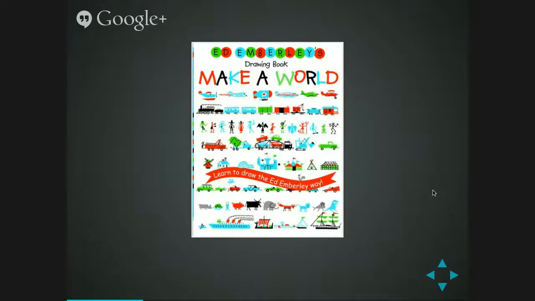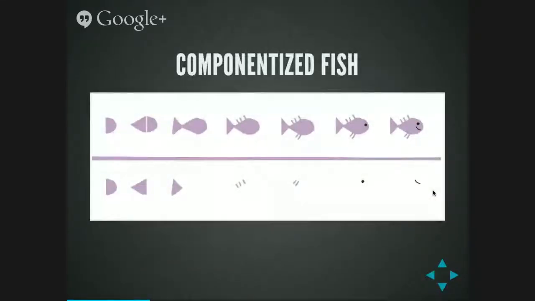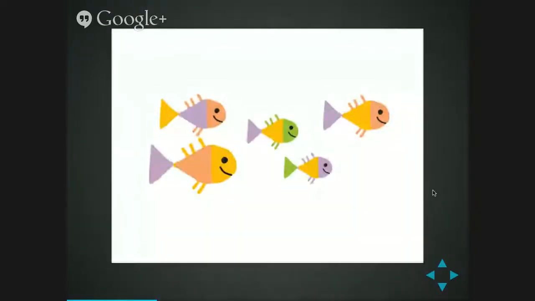His whole philosophy is to have drawings that are really easy for kids to draw, and across the top you can see there's this fish being drawn, and at the bottom you have these individual, I'm going to say sub-objects, right? And these are your sub-objects, and then you have your fish, right? You just draw it up from these little pieces, and then you can take that fish and draw it in different variations, and this is how I spent my childhood.